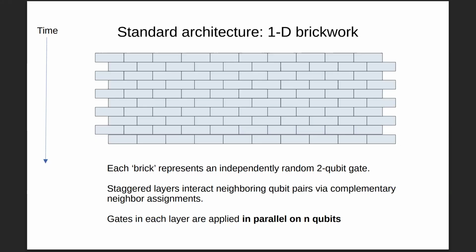So first you're pairing 1 with 2 and 3 with 4. Next layer you're pairing 2 with 3 and 4 with 5. So you alternate between these pairings, and that's something that should converge to a global random circuit.